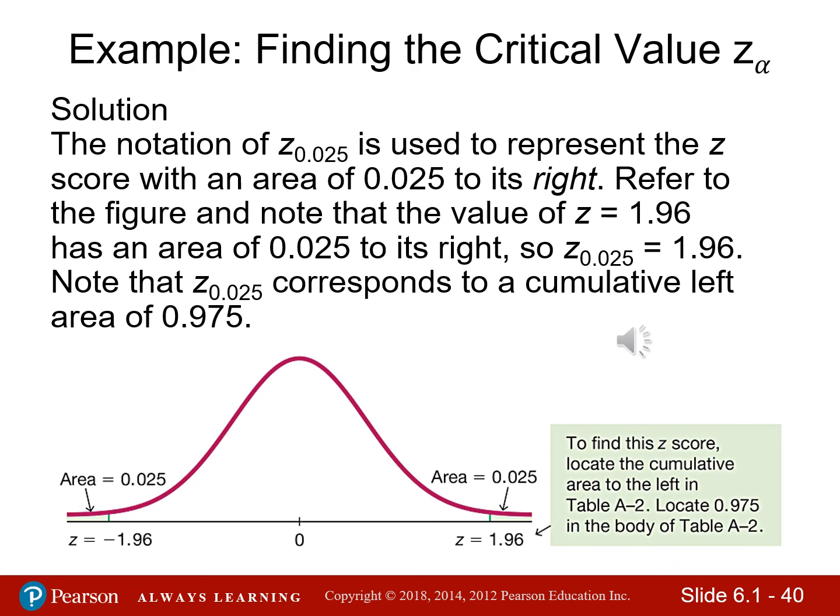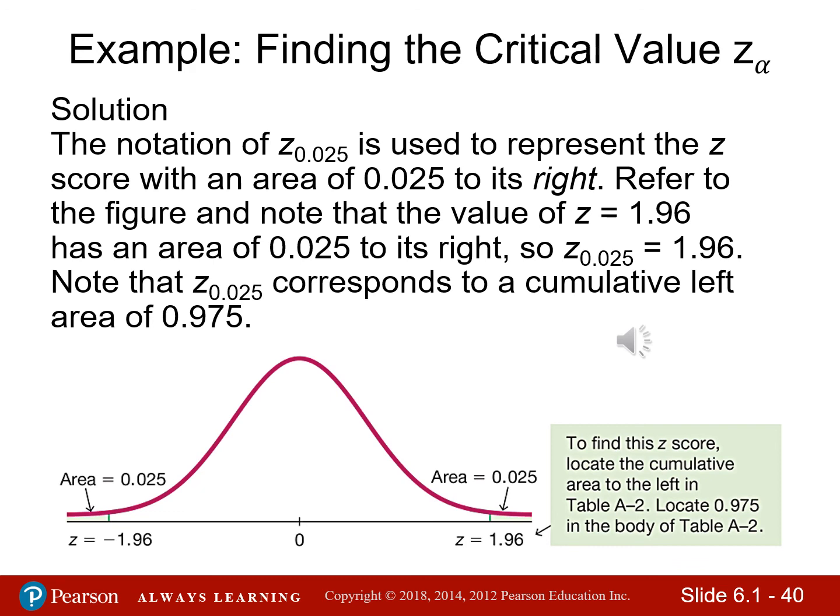Using table A2, one way we can find the value of z subscript 0.025 is as follows. First, we find the z-score using the positive side of table A2 that corresponds to the area of 1 minus 0.025, and that equals the area of 0.975. The z-score that corresponds to that area of 0.975 is equal to 1.96.